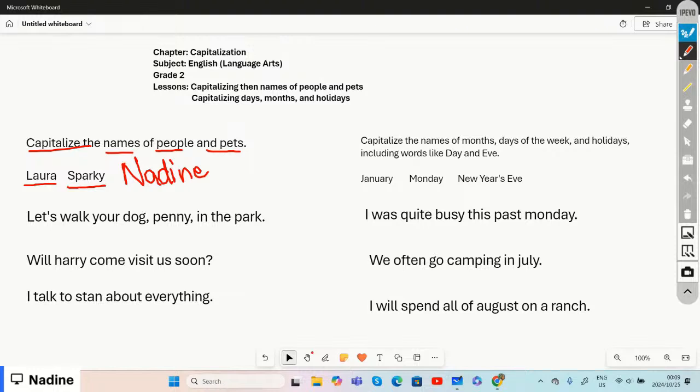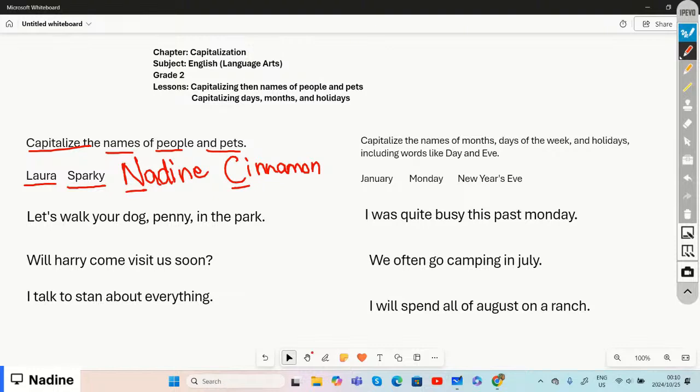If I write the name of my dog, it is Cinnamon, which means that I need to capitalize it. I capitalize the first letter of my name and the first letter of my pet, because we need to capitalize names of people and pets.